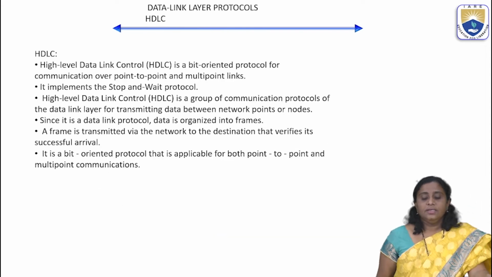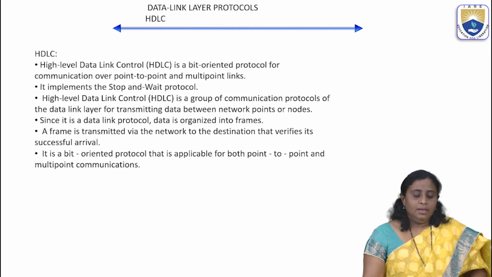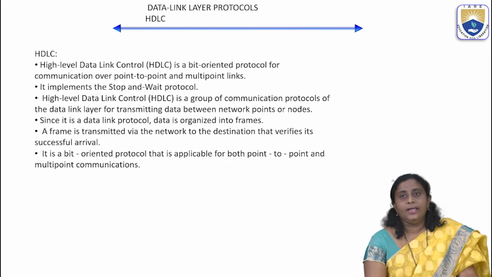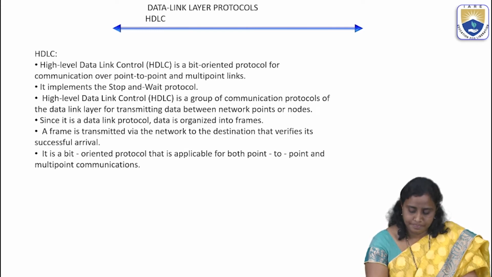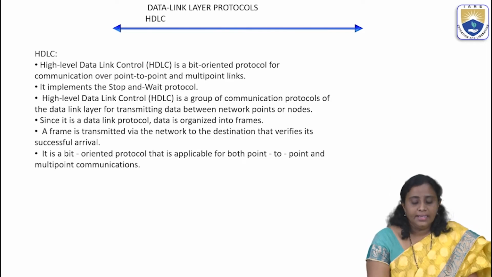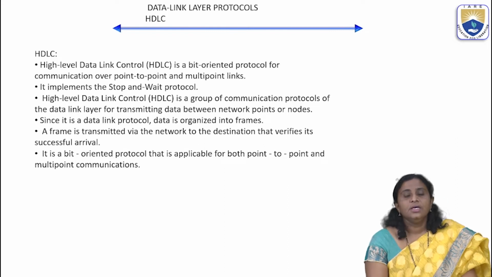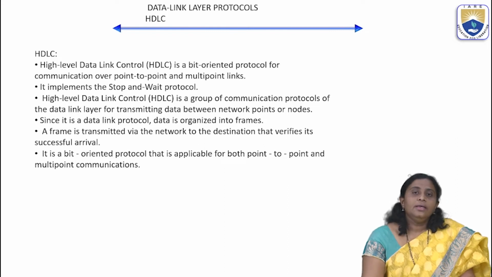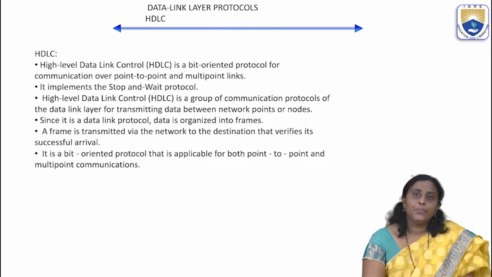So coming to the data link layer protocol HDLC. HDLC is the High Level Data Link Control protocol. Under the data link layer protocols, HDLC is a part of the data link layer protocols, abbreviated as High Level Data Link Control protocol.